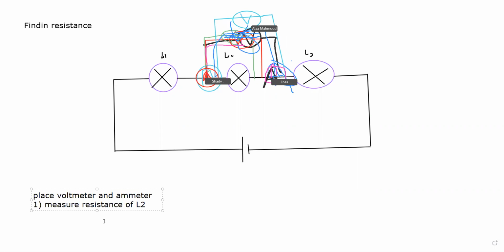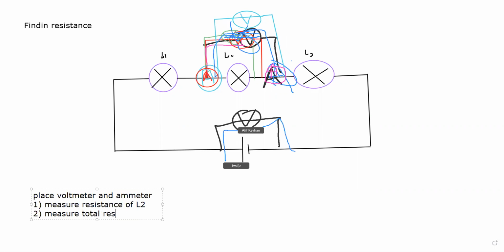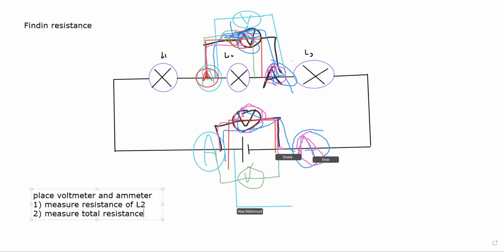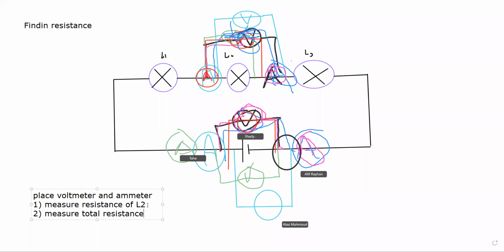And the same thing if I want to measure the total resistance of the circuit: we connect a voltmeter in parallel and an ammeter in series to the battery.